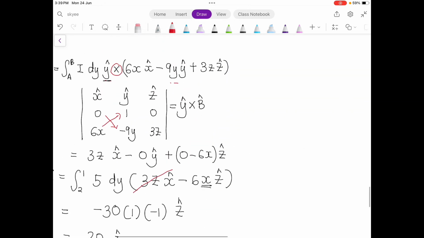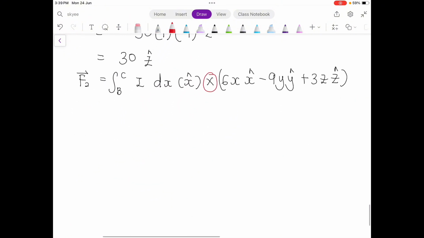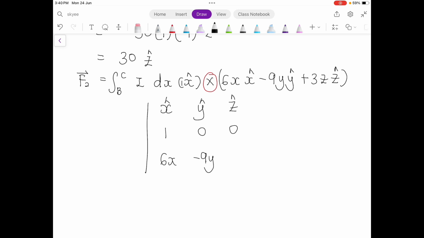Just like here, it is x cross B. So let's do it. X, y, z. So we have 1x, 0, 0, and then 6x, minus 9y, 3z.